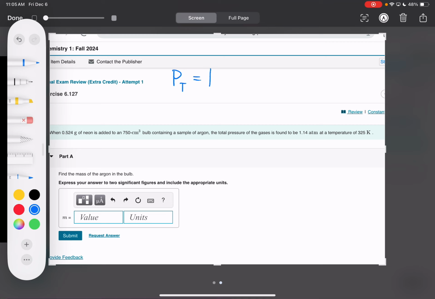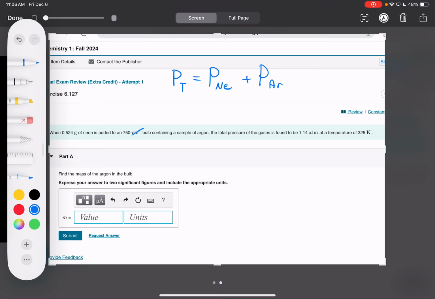So the total pressure is going to be equal to the pressure of neon plus the pressure of argon. The volume's consistent because they're in the same container. The temperature's consistent, but the amounts as well as the pressure that each exerts is going to be different.